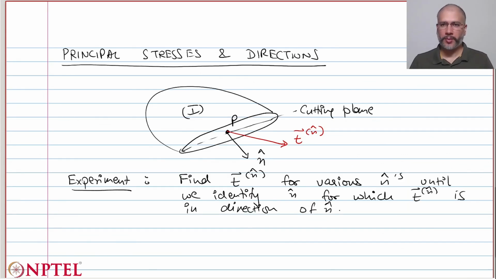So here's the experiment. We change the cutting plane passing through the point P, that is, we try out various n hat values until we find a traction vector that points in the direction of n hat. That is, the traction vector is purely normal. There is no shear component on the cutting plane.